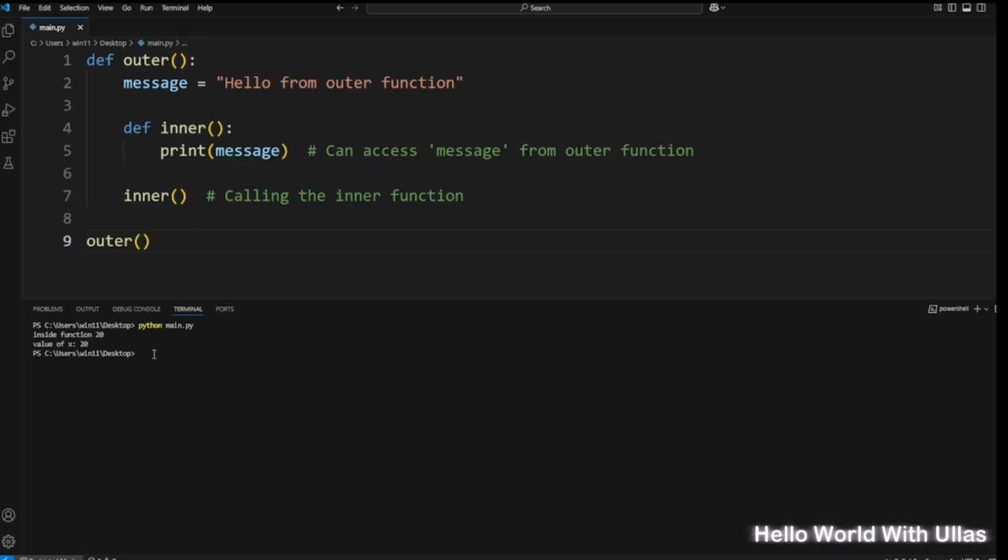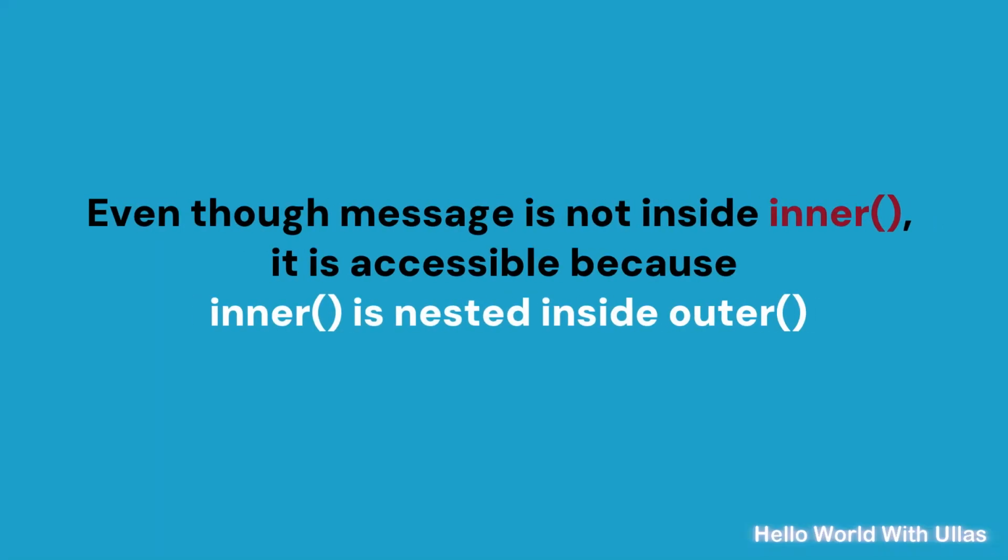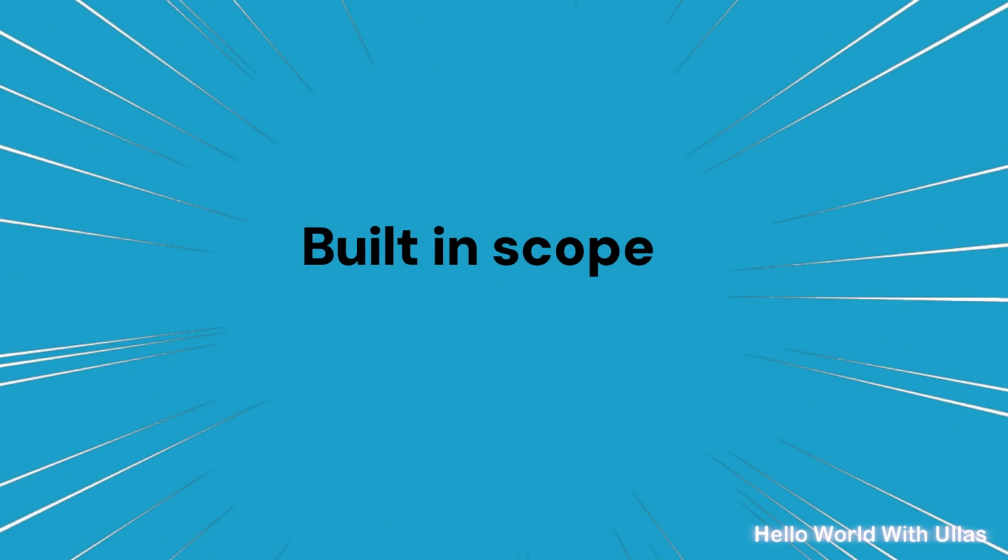Let's save this program and run this. As you can see, the outer function is called and the message hello from outer function is printed by the inner function. Even though message is not inside inner, it is accessible because inner is nested inside the outer function.